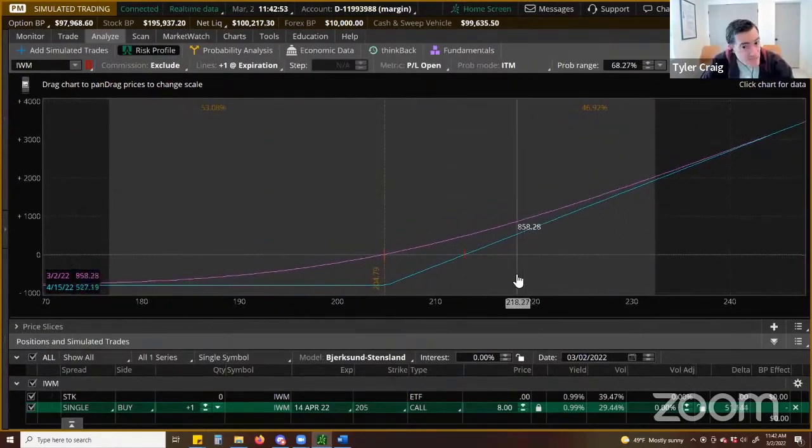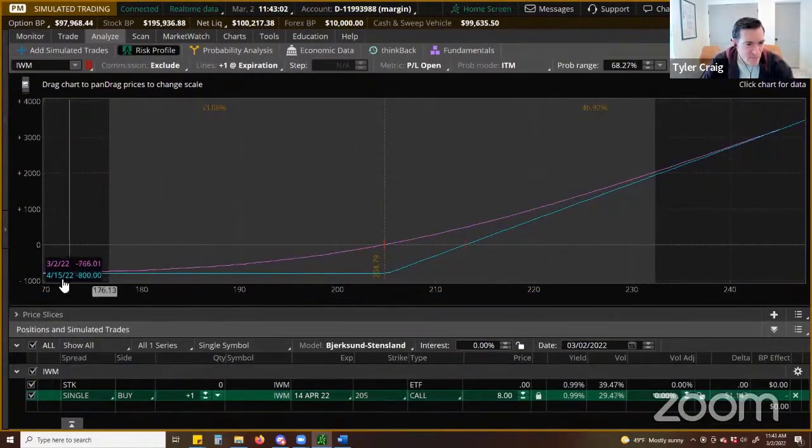Well, is this a time that you want to do that? I know we have a little bit of a bullish signal in the market, but look, the risk side is limited, but it's $800. I don't know that I want to face that.